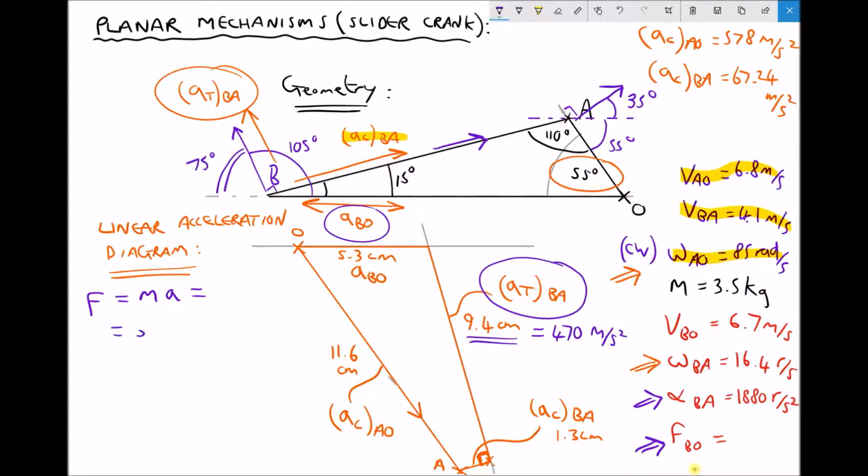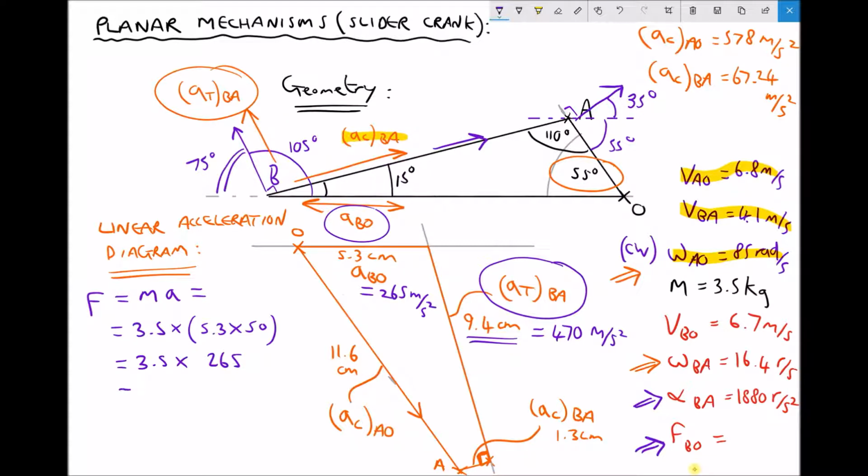So we have a mass of 3.5. The acceleration of B relative to O is 5.3 centimetres times our scale factor of 50. So we can simplify that. That's the same as 3.5 times 265, and 265 is our acceleration of B relative to O. So we can add this to our diagram: 265 metres per second squared, just for completeness.